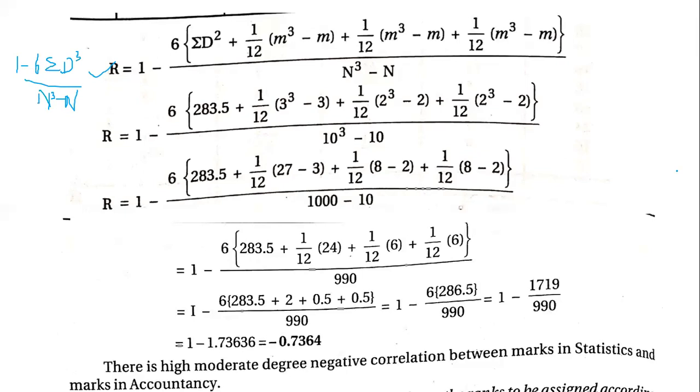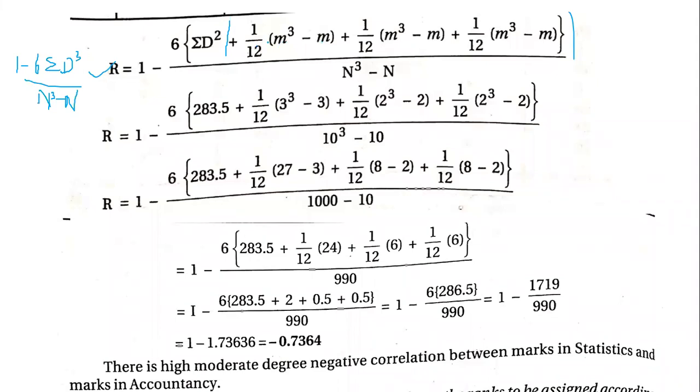Okay, we are adding this set of the formula. Fine, let us understand. So 6 into sigma D square plus 1 by 12. Okay, this is a constant. 1 by 12 into m cube minus m.